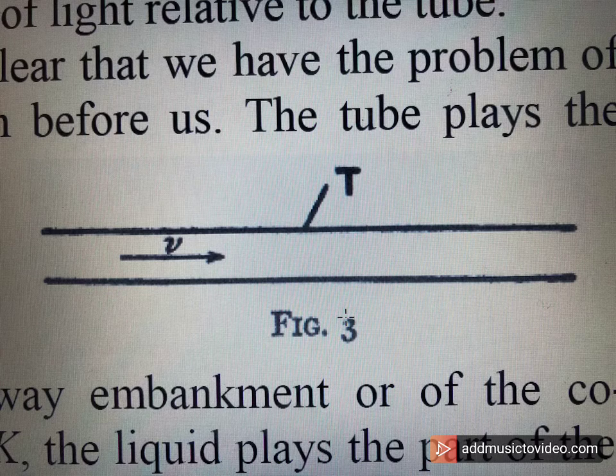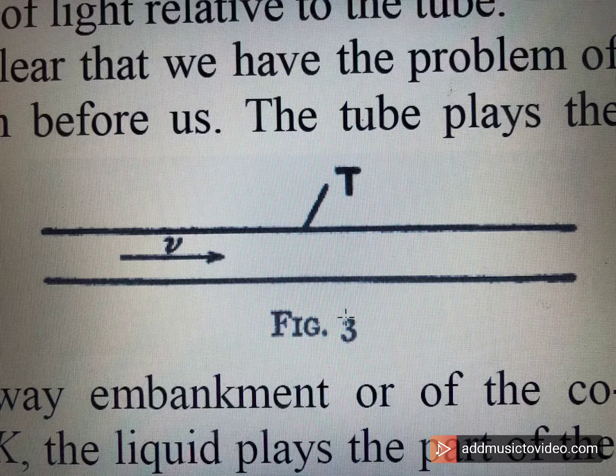How quickly does it travel in the direction of the arrow in the tube T when the liquid above mentioned is flowing through the tube with a velocity v? In accordance with the principle of relativity, we shall certainly have to take for granted that the propagation of light always takes place with the same velocity w with respect to the liquid, whether the latter is in motion with reference to other bodies or not.